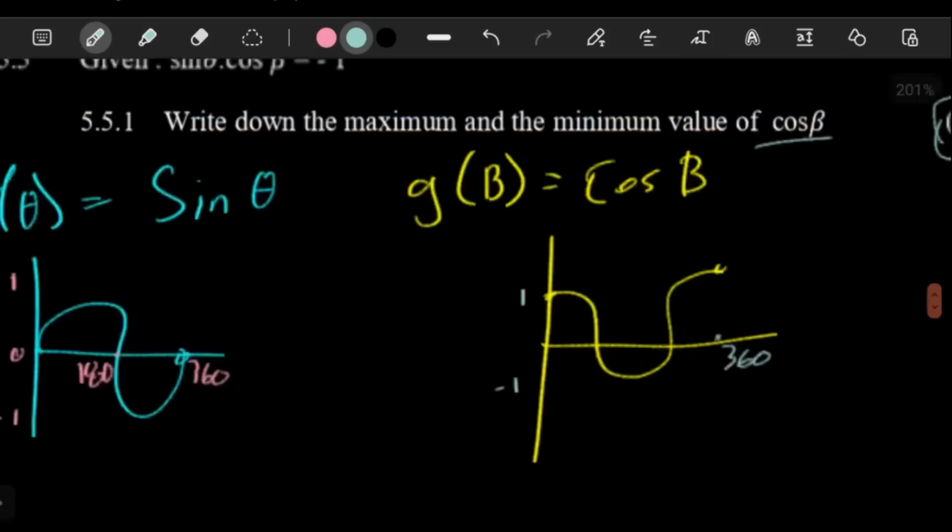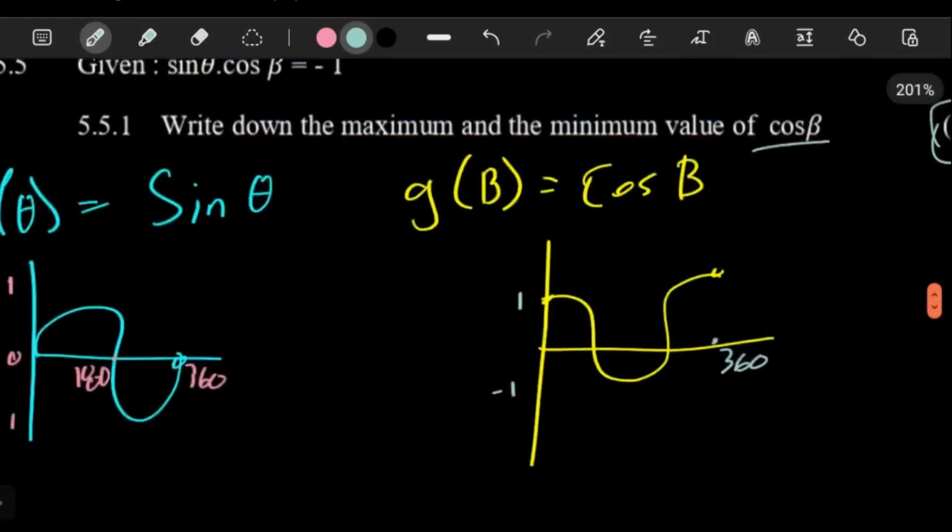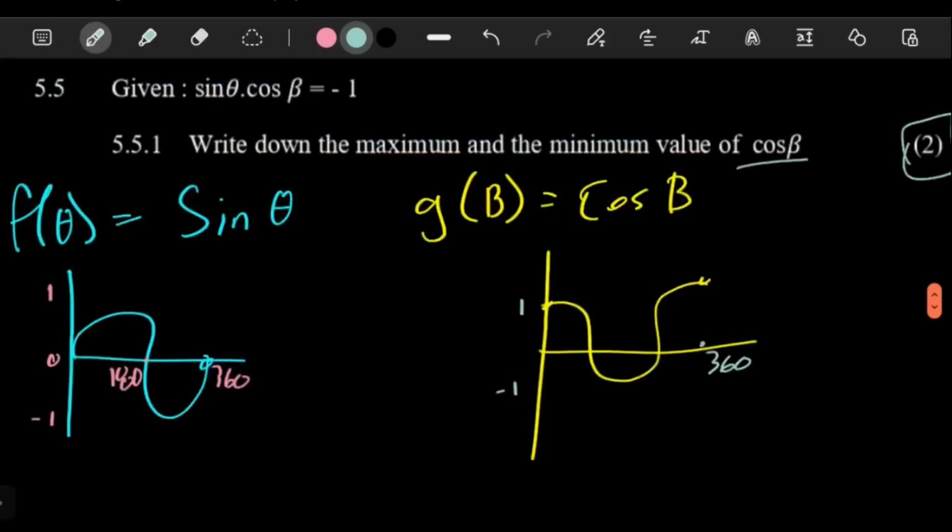So if they're asking to write down the maximum and the minimum value of cos b, well, the funny thing is, the only way you're going to overcomplicate this kind of setup is to think that the maximum and the minimum value of cos b has anything to do with this given expression.